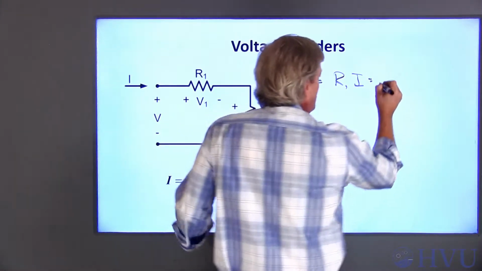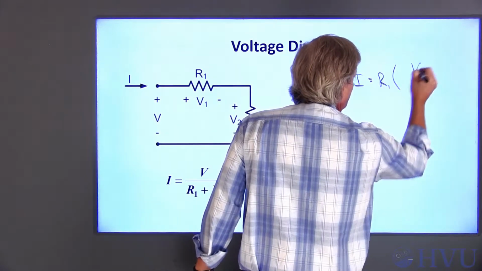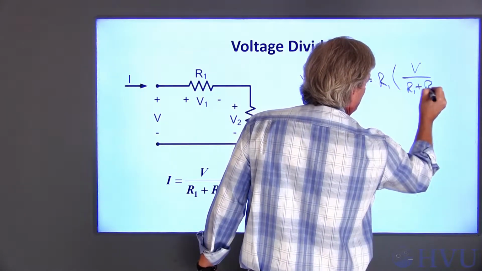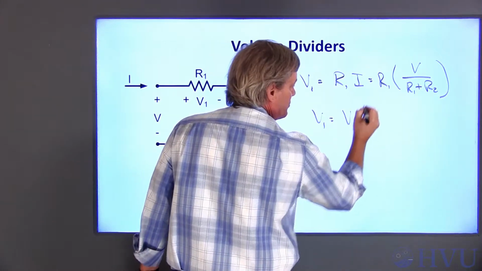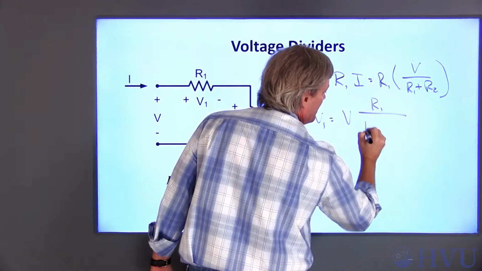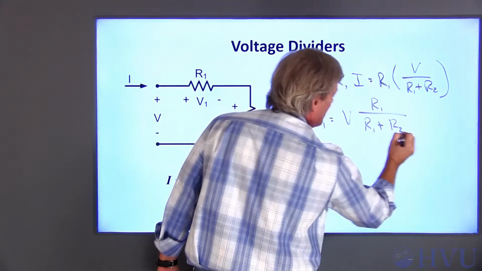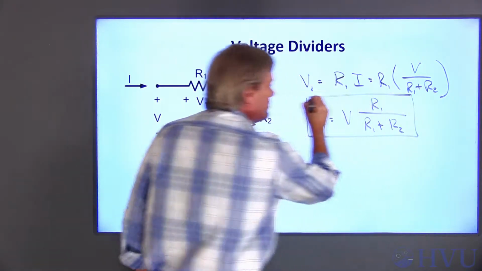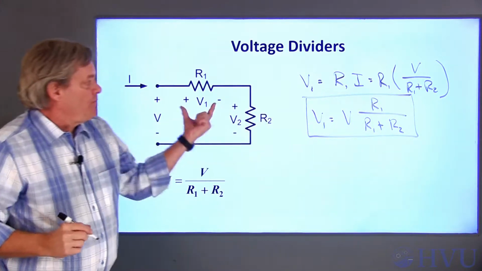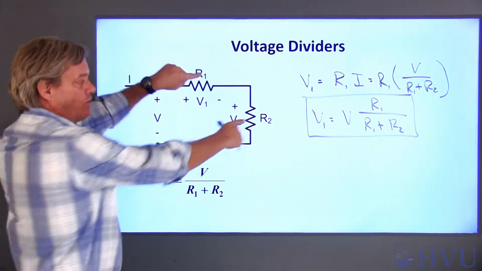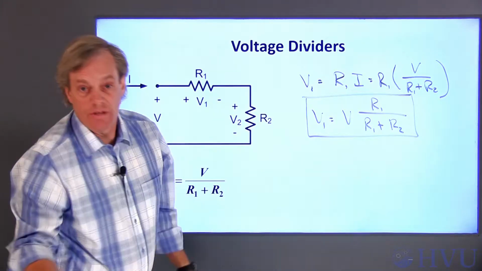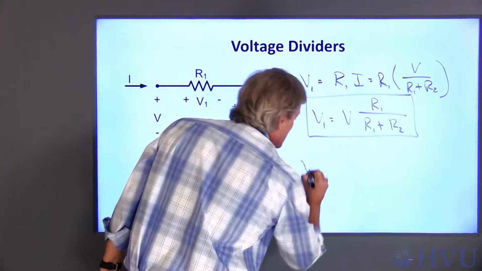I is equal to V over R1 plus R2. So V1 is equal to the total voltage V times R1 over R1 plus R2. So the voltage V1 is the total voltage V times its resistance over the sum of the two resistances, or the equivalent resistance of the circuit.